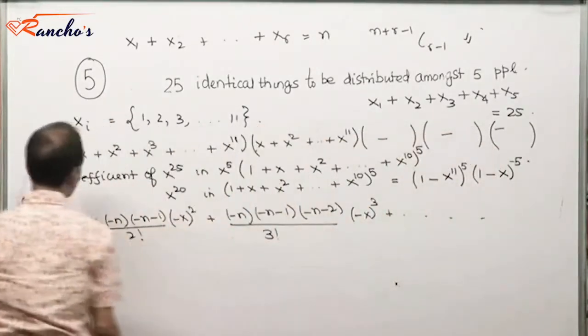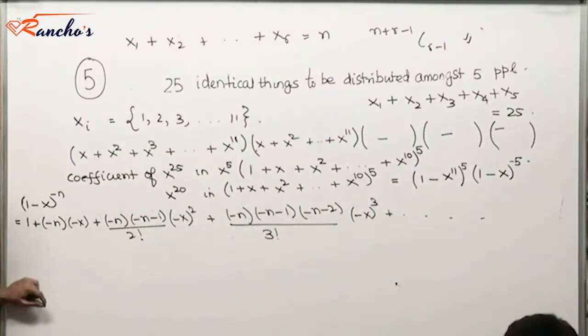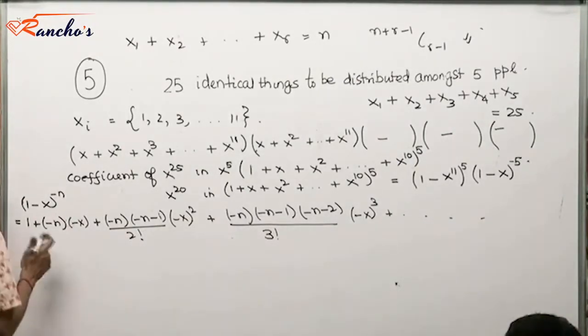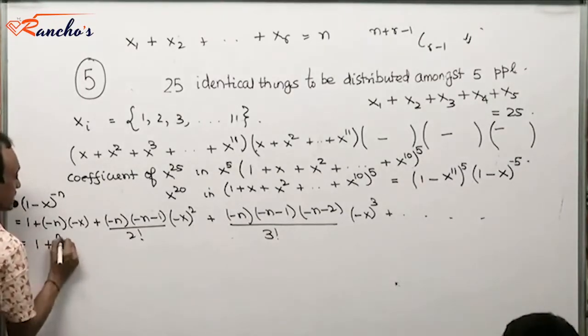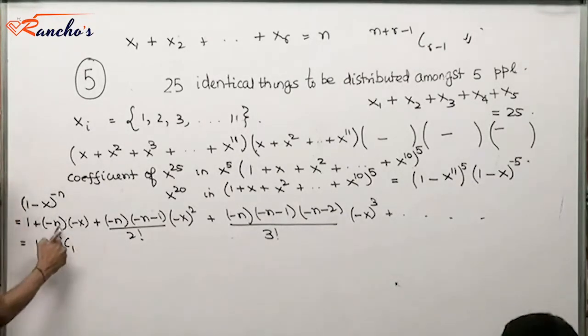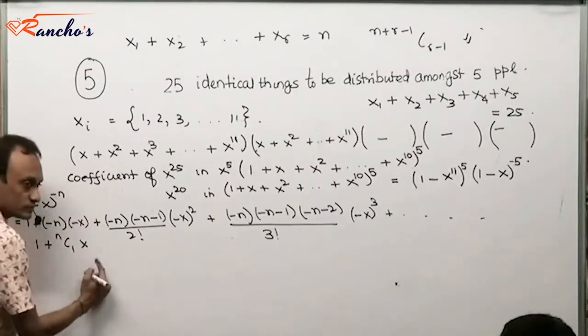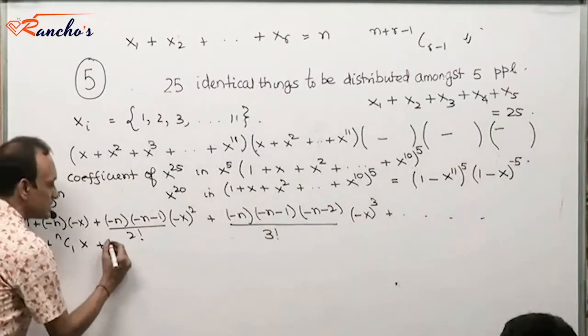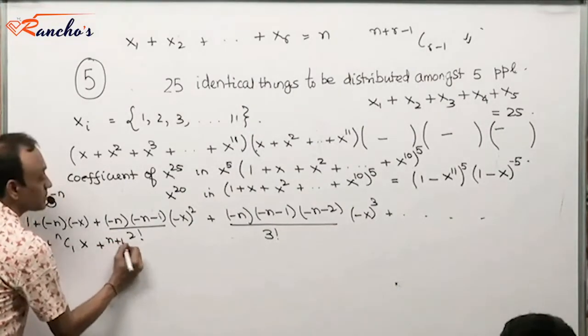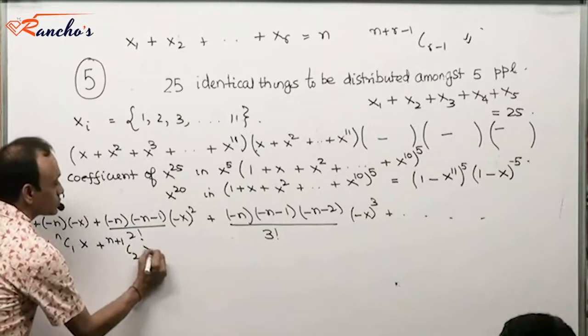And realize that this is going to be 1 plus NC1 x. Check this out independently and see if I'm cheating you or not. This is n plus 1 C2 into x squared.